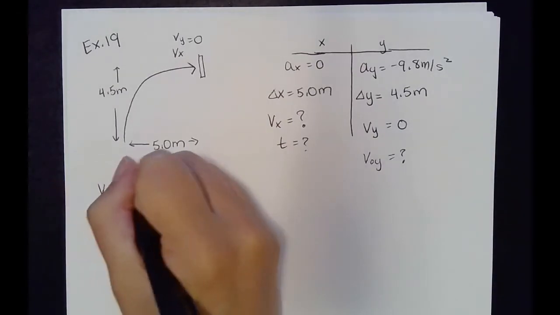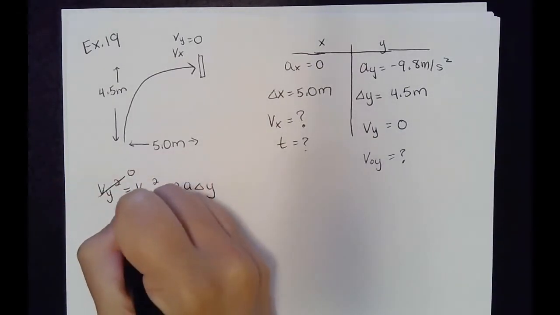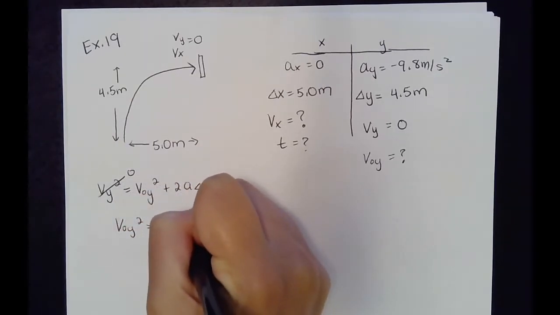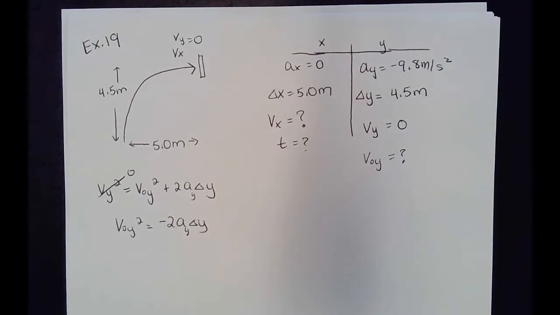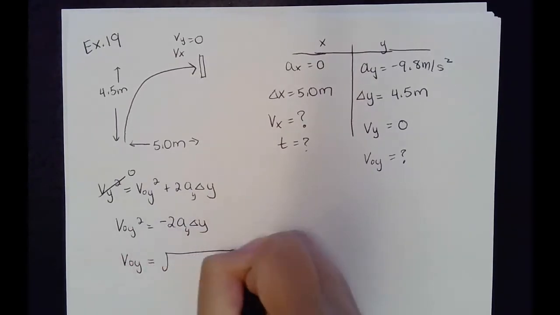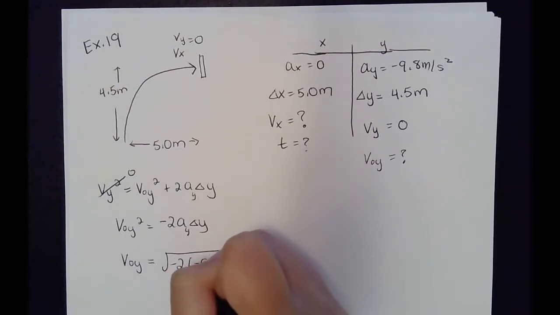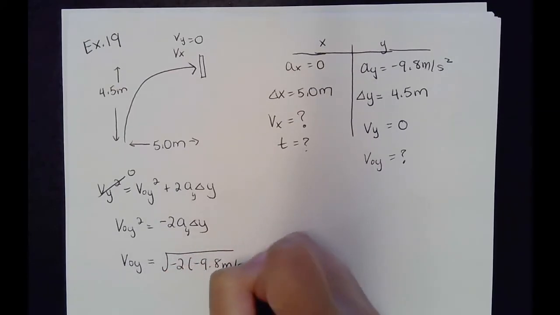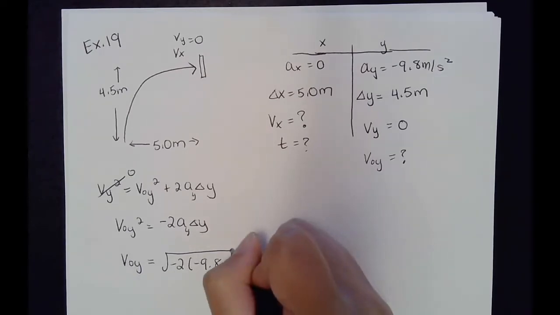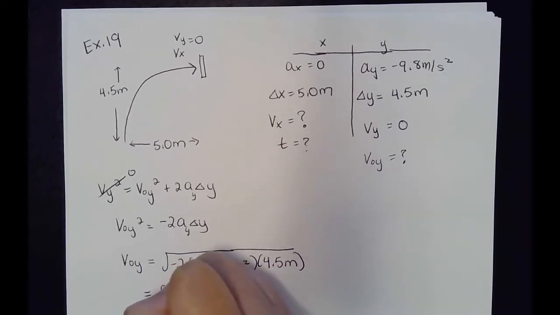And then we know final y is 0, so V naught y squared equals negative 2 ay delta y. And then we can just solve here, so V naught y will be the root of negative 2 times negative 9.8 meters per second squared times 4.5 meters, which gives me 9.4 meters per second.